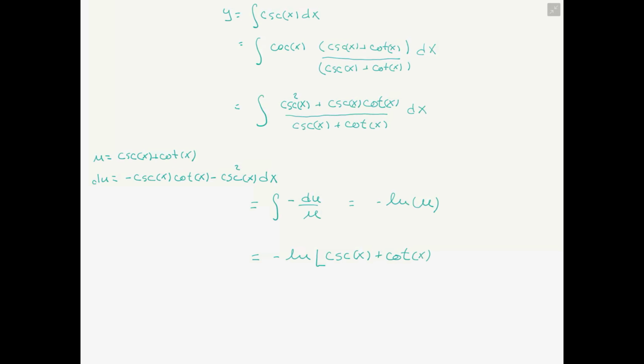We have a minus du on u, which is our familiar form, which is minus ln of u, and then our final answer is minus ln cosecant of x plus cotangent of x plus c.